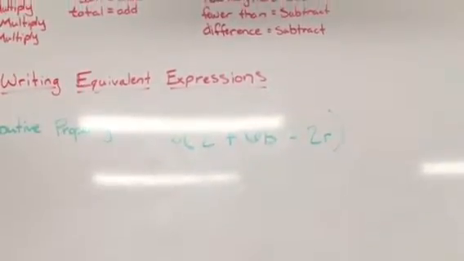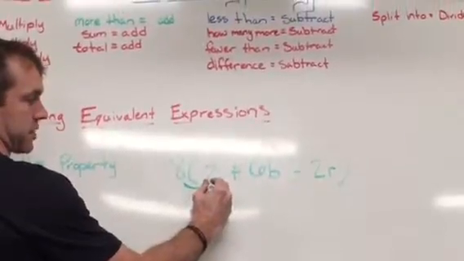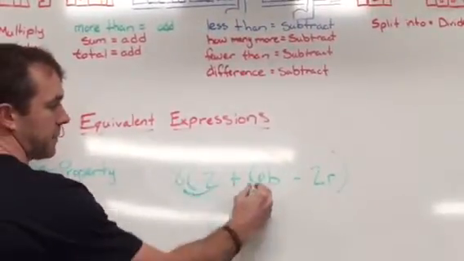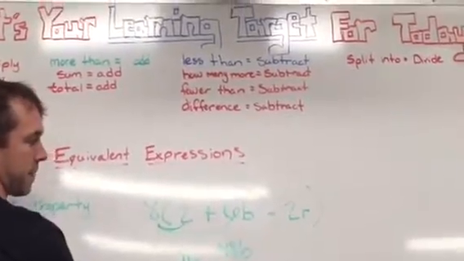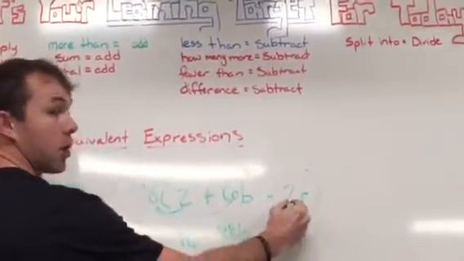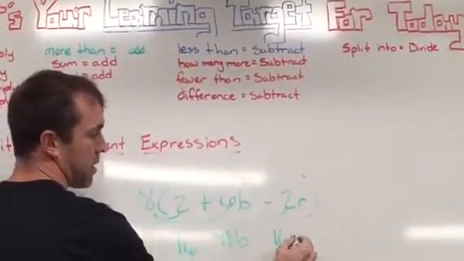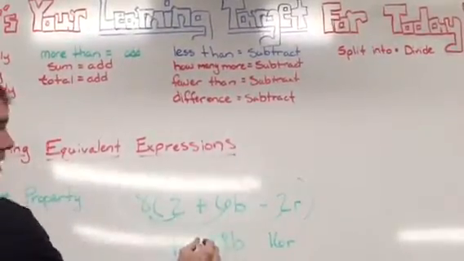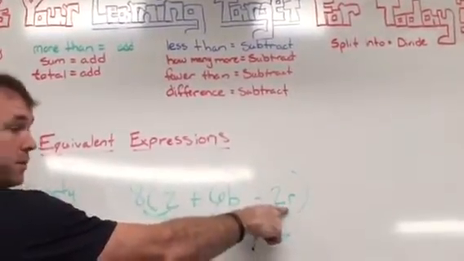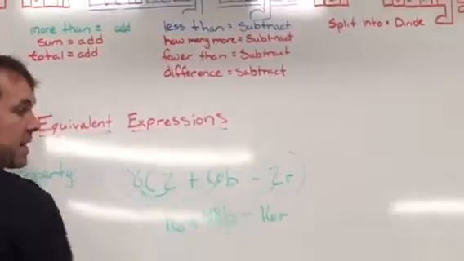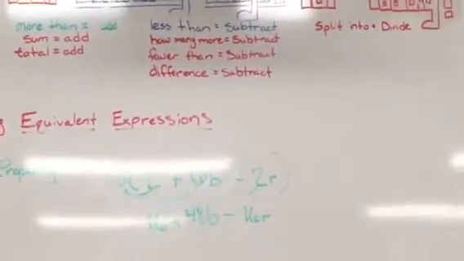You do the same thing as what Lucy did. 8 times 2 is 16. 8 times 6b is 48b. And then 8 times 2r is 16r. I have an addition sign, and this is actually 8 times negative 2r, so negative 16r, which is the same thing as subtraction.